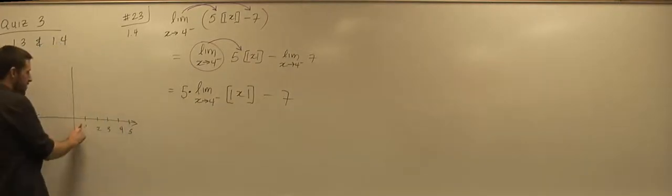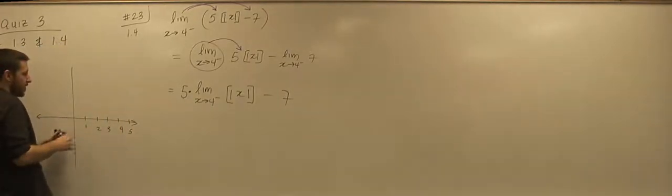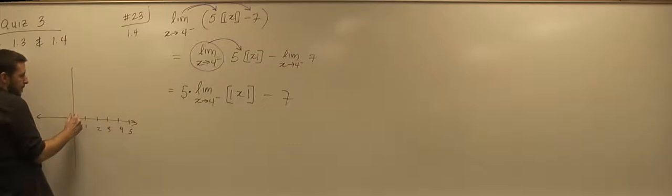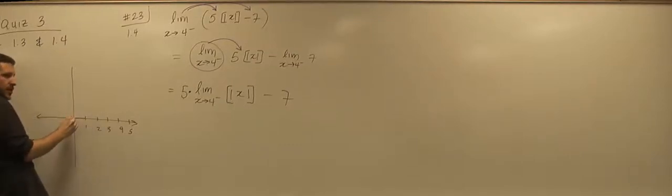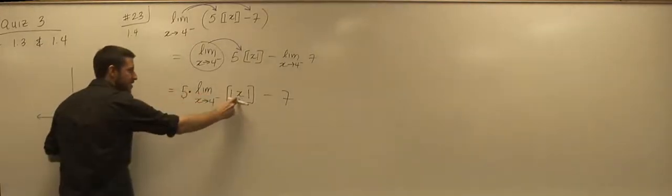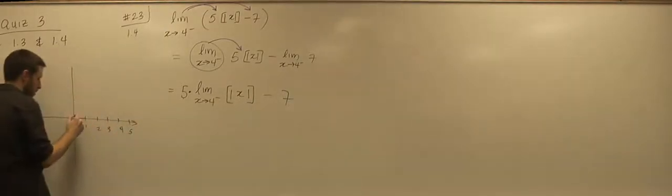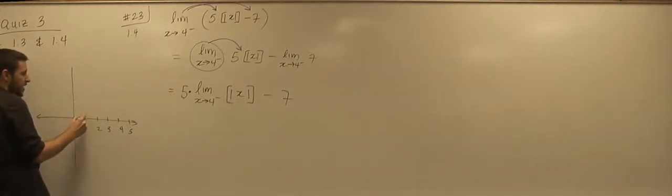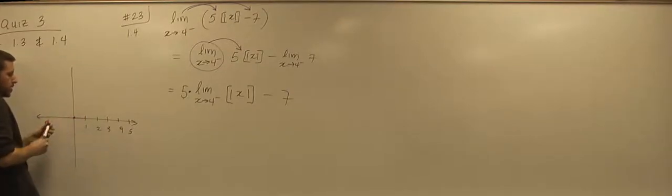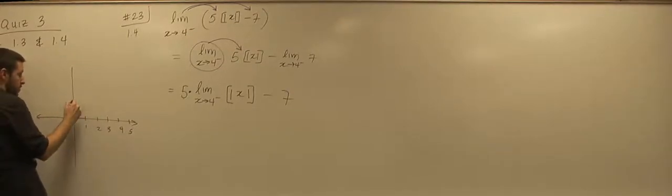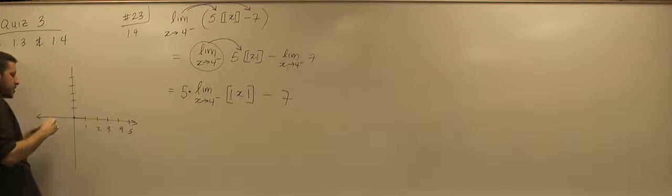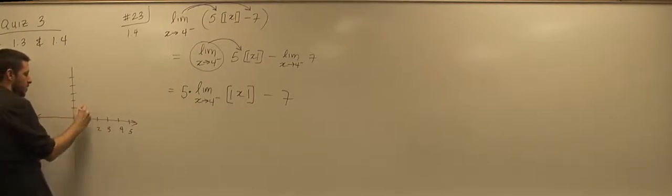So if I plug in something between 0 and 1, like 0.5, it's going to give me what? 0. Now what about at 0? If I plug in 0, what do I get? The greatest integer that's less than or equal to 0 is 0 still. What about the greatest integer that's less than or equal to 1? 1. So at the integers, you get exactly what you plug in.